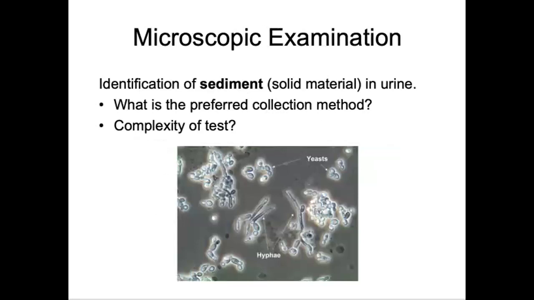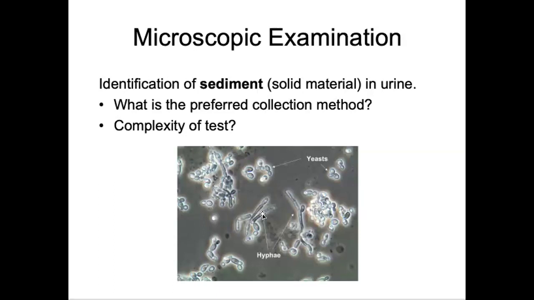Now, when you look inside of a microscope and you're looking at a specimen, most likely you're going to see something, right? It could be some type of sediment, and that sediment is just another name for the solid material that's inside of the urine. It could be something that is totally benign, meaning not a problem.